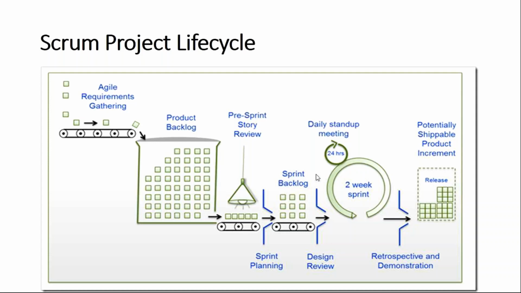Typically, for a 10-day sprint, on the 10th day we have a demo and retro. Subsequently, after a few sprints, management decides when to go for a release. When an MVP is reached, that is the potentially shippable increment, they go for a release.